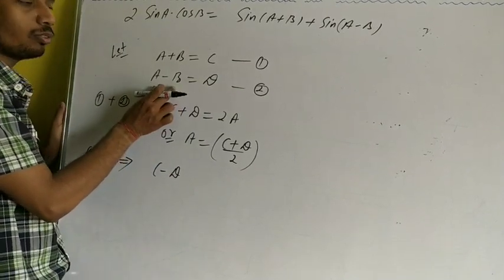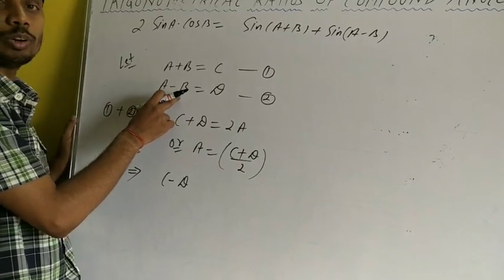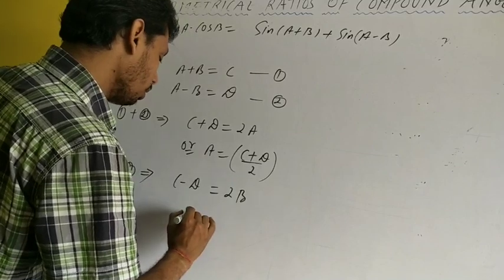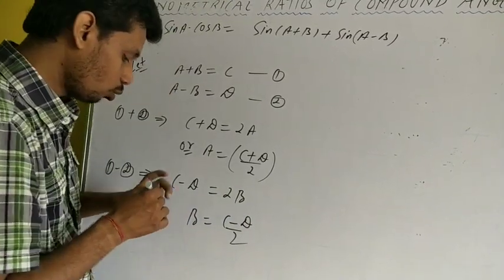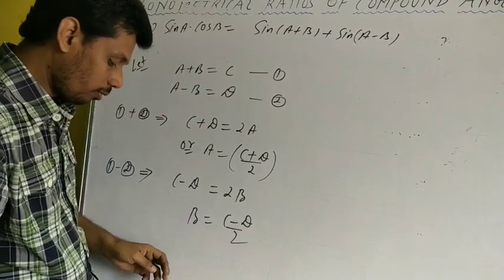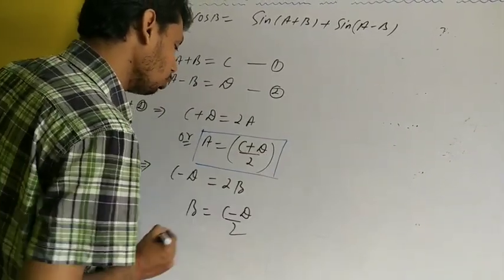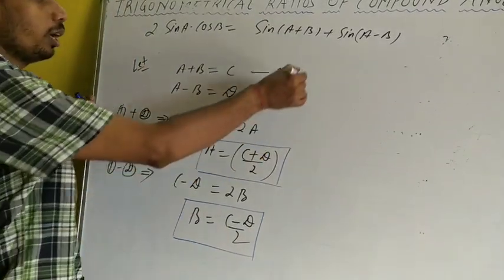As we are taking the difference, a and a will be cancelled, and minus of minus b will be plus b, so b plus b will be 2b, or the value of b is equals to c minus d by 2. So we have obtained the value of a, that is c plus d by 2, and the value of b, that is c minus d by 2.